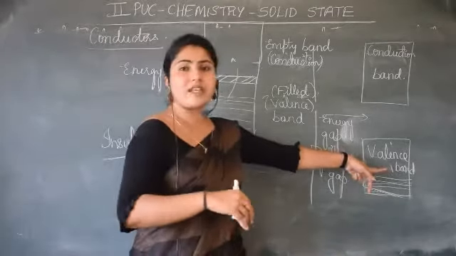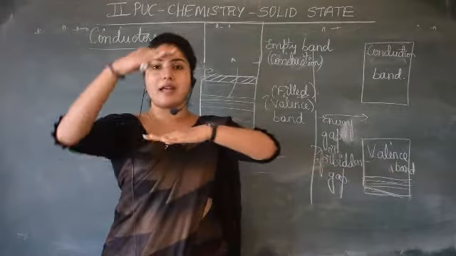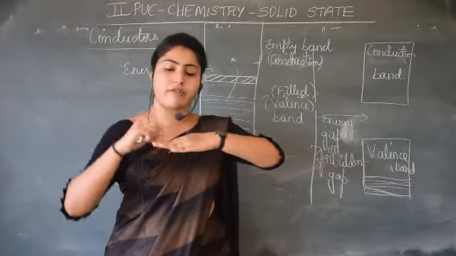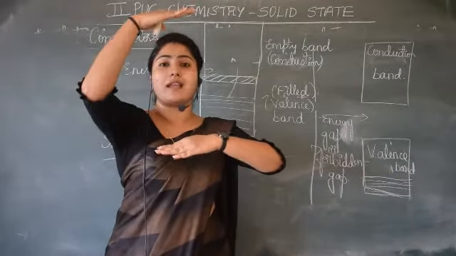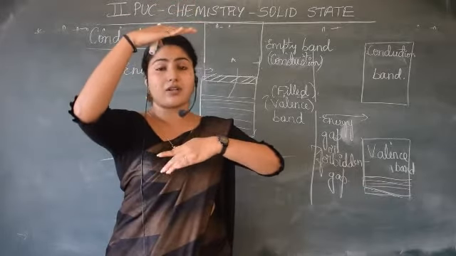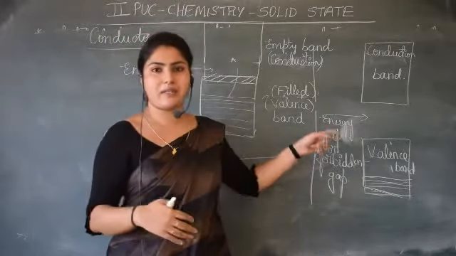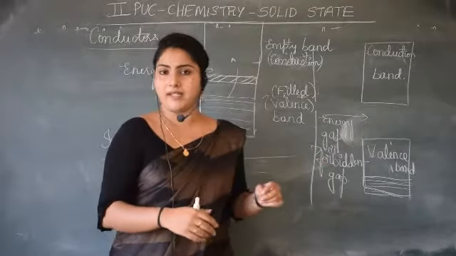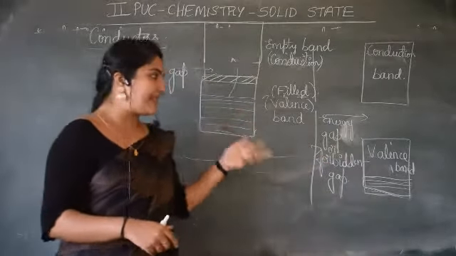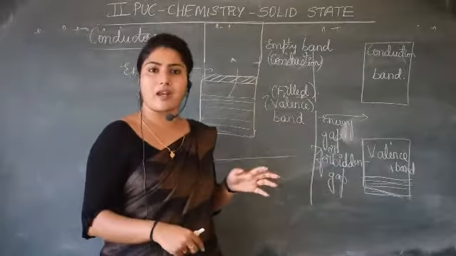Whereas in the case of insulators, what happens? The energy gap will be very large. For the electron to jump from lower energy to higher energy, it requires more energy, which is not possible in insulators. So in such substances, the electrons cannot jump.